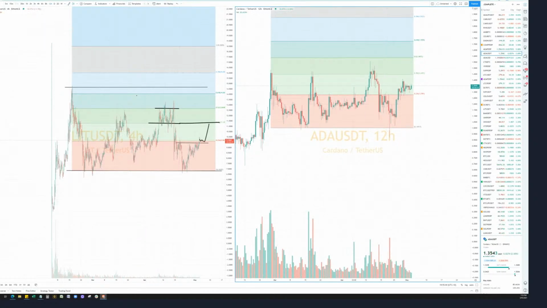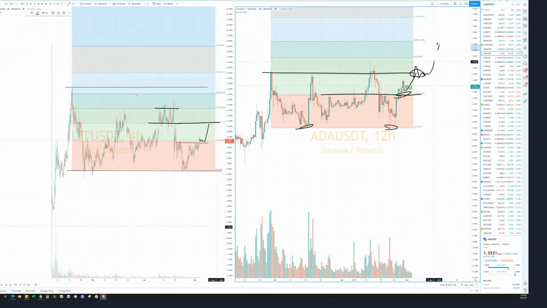What ADA's done, this level was its major resistance when it came back down. So it's done a double bottom here on the structure, pretty much 3 strong resistance levels. It's found support here, and now it's looking to go up, and it's going to find opposition. This time around, I think it will just be a shakeout, either underneath or above, depending how this breaks up.